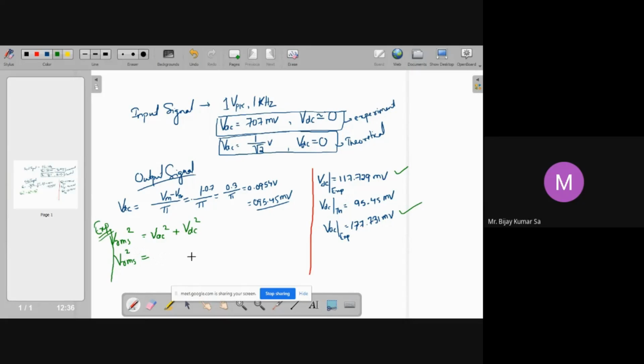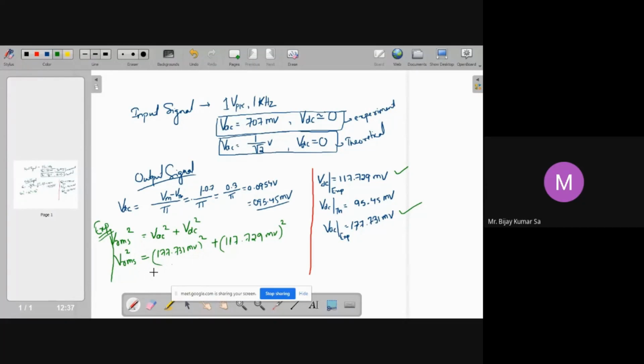VRMS square is equals to VAC, which is 177.731 millivolt, square, plus VDC, which is 117.729 millivolt, square. So how much will it be? If we want VRMS, then the square root of this whole thing will give me VRMS.